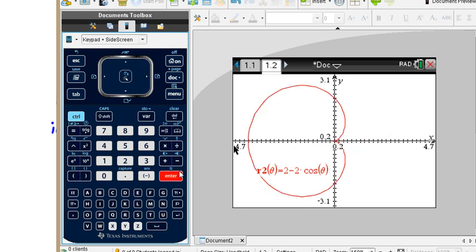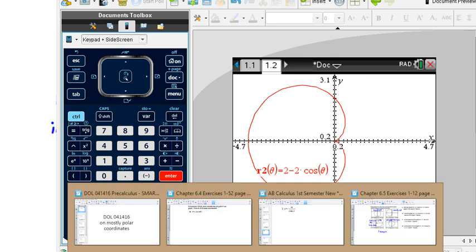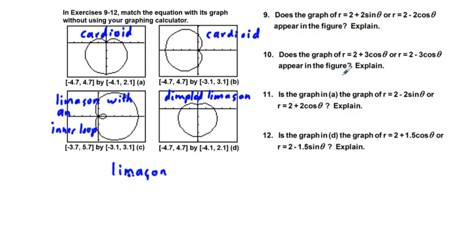So this one here is really going to look quite a bit like graph B. And to explain, the thing just matches. So we'll say yes, and that would be r equals 2 minus 2 cosine theta.